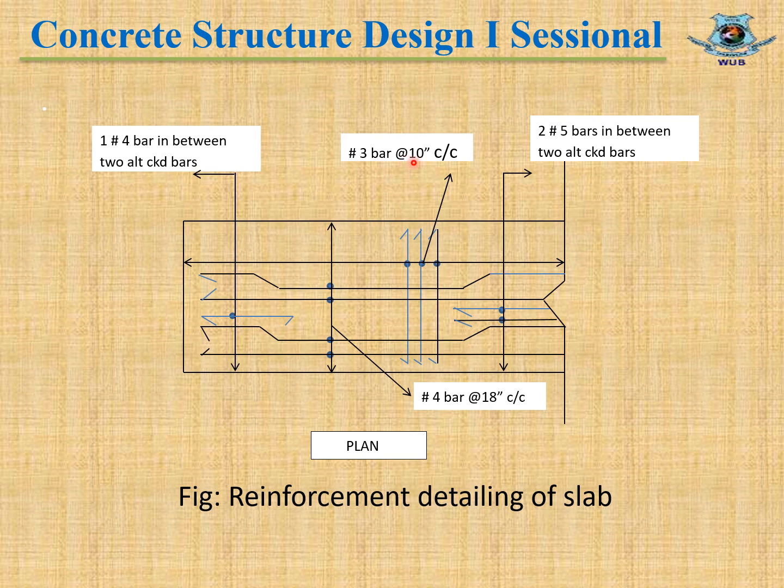Number 3 bar at the rate of 10 inch center to center is the minimum steel. One number 4 bar in between two alternate cranked bars is used in exterior support. Two number 5 bars in between two alternate cranked bars are used in interior support.